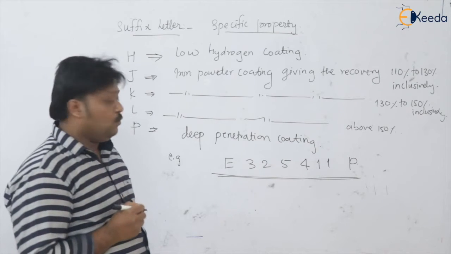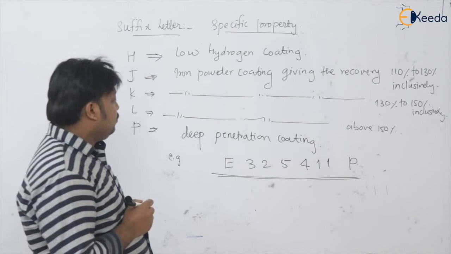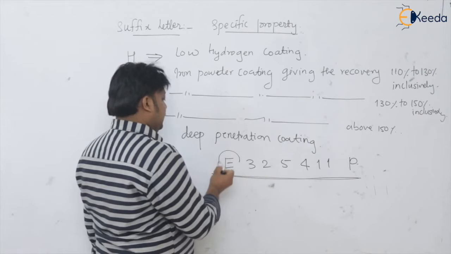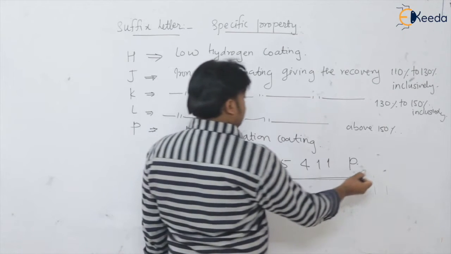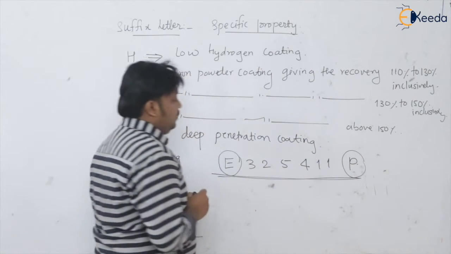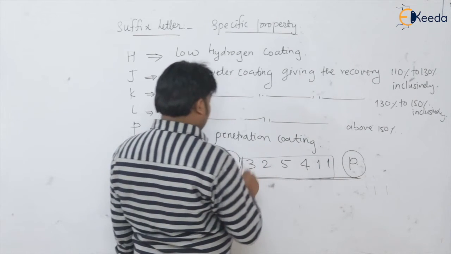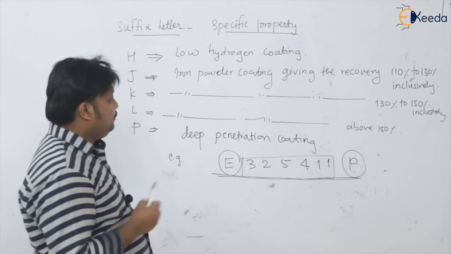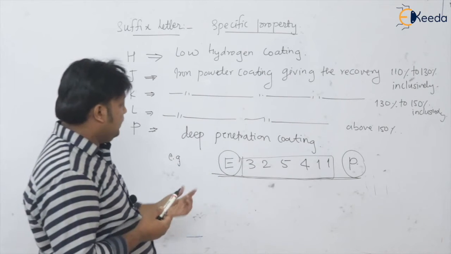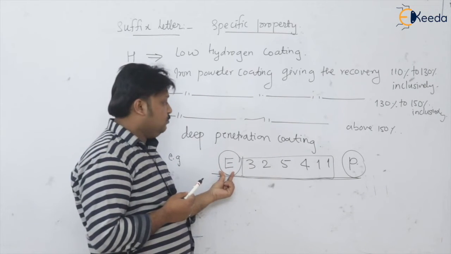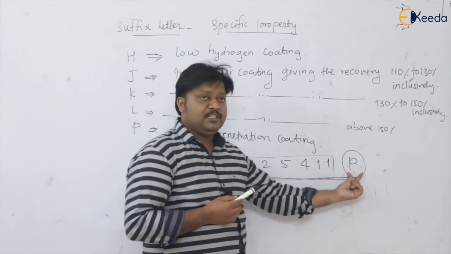We now know the coding used in the electrode. There is a prefix, a suffix, and the 6-digit code in between. As I told you, we can have E for solid extrusion, and P for deep penetration coating.